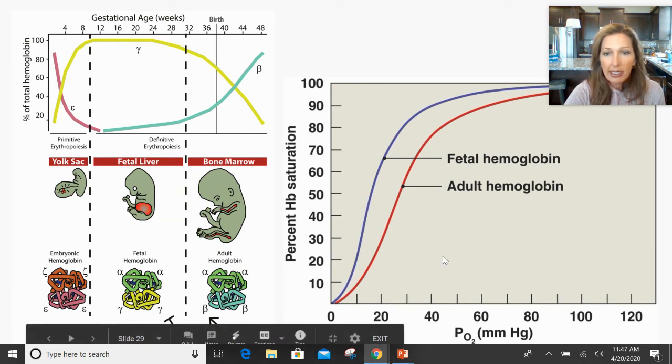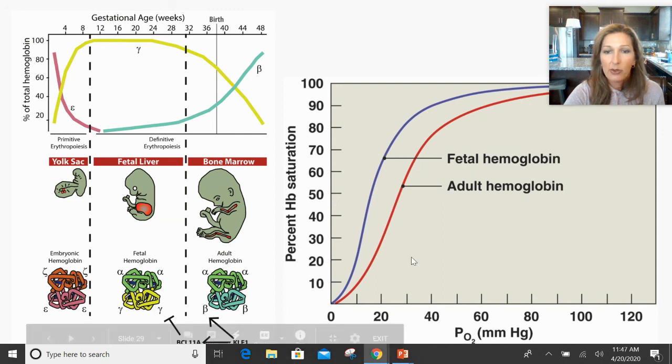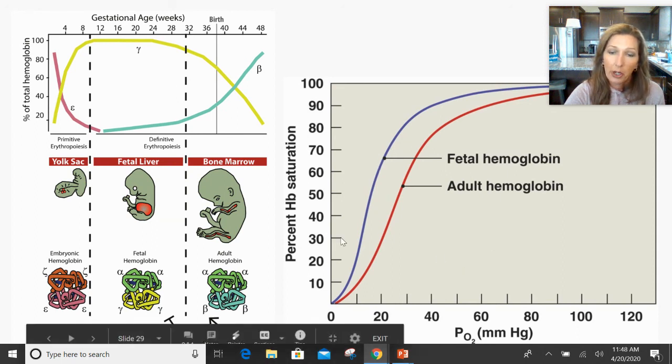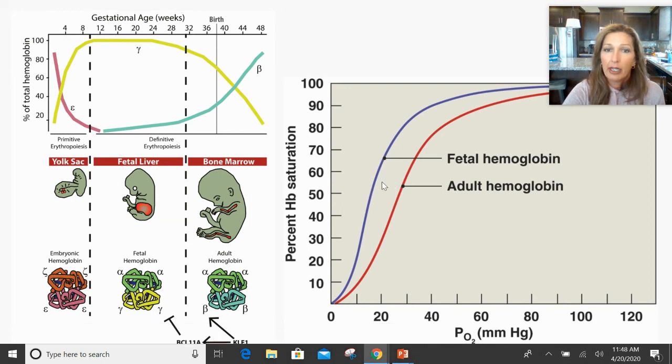Well, what this does is this allows for a higher percent of oxygen saturation in the hemoglobin at lower pressures. So when you're in the womb, there is lower pressure that's in there. And so therefore, we need a higher affinity to oxygen for that fetus to be transporting oxygen throughout their body.